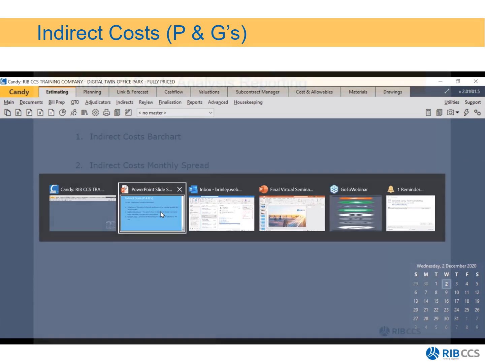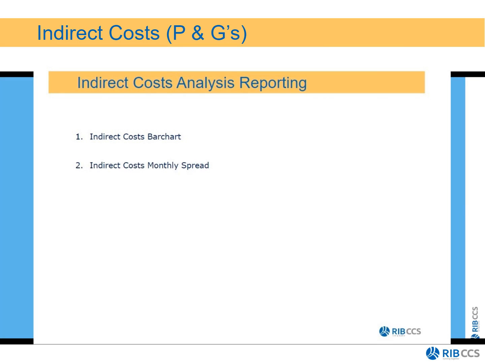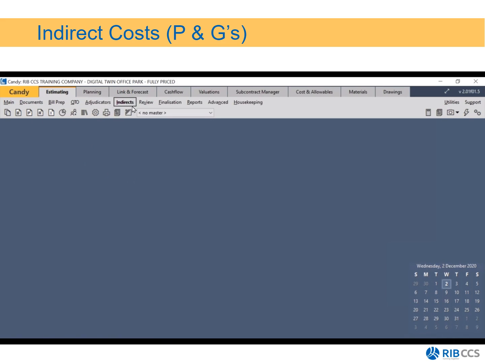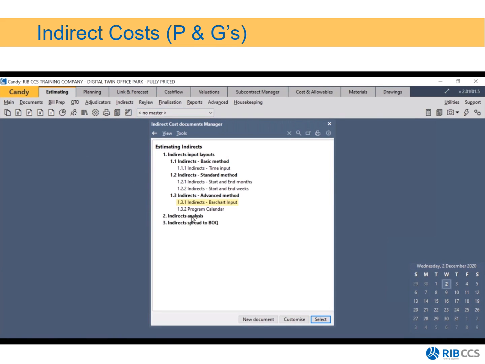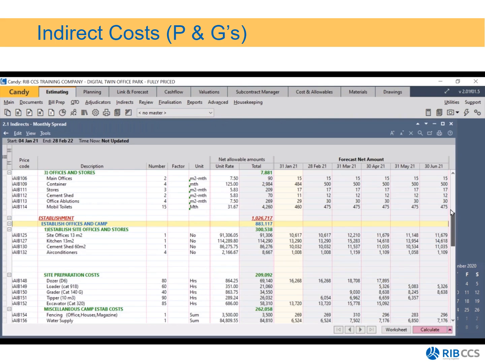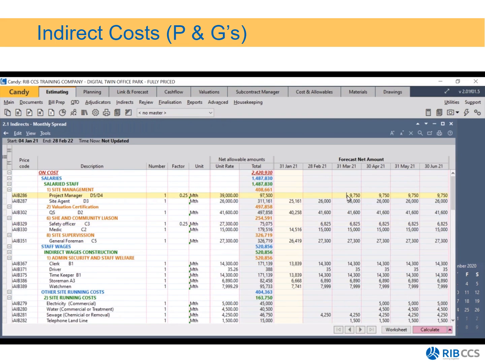So the next thing that we're going to look at are your indirect cost bar charts, and we're going to look at your indirect cost monthly spread. So back in Candy, under indirect cost documents, under your indirect analysis, you have your monthly spread. So let's view that document. So this is beautiful because you can see that for your project manager, you're not going to incur any costs for him in January or February.